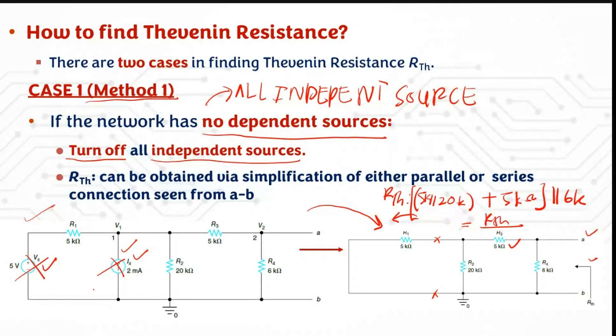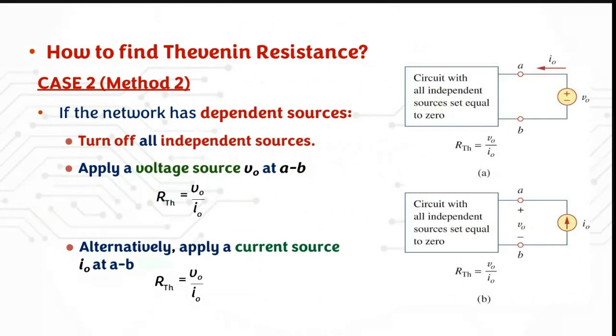We have another two methods that we use if you have dependent sources in your circuit. For example, with these dependent sources, you use this method where you add a test voltage or a test current, where the value V naught is equal to 1 or I naught is equal to 1.